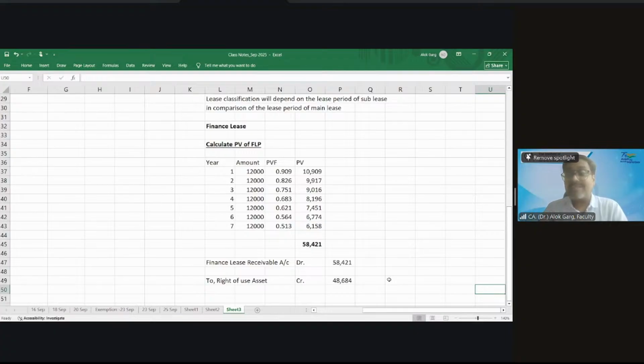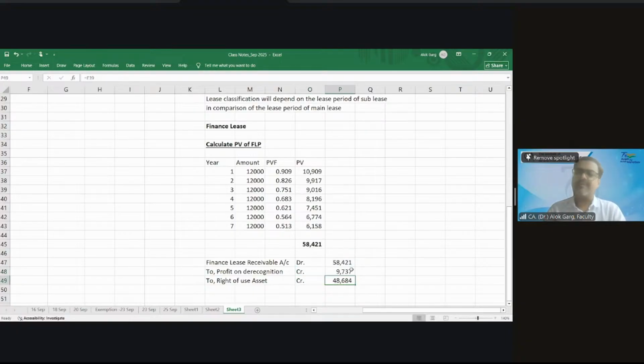So you need to de-recognize ROU, right? And in the second contract, since B becomes a lessor, you need to recognize finance lease receivable. Where will the difference go? It goes to Profit and Loss. Profit on sublease, to profit on de-recognition of ROU, credit.